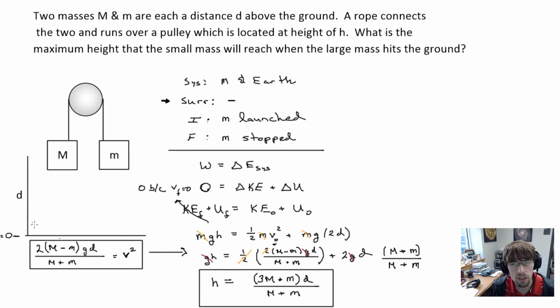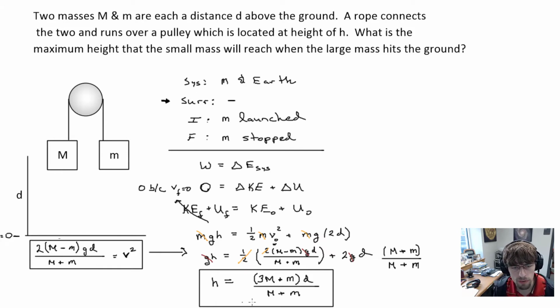And you say, why did g disappear? It's because g dictates how much gravitational potential energy you have in the first place. So it's related to the initial gravitational potential energy and the final gravitational potential energy. So that would cancel out. That would disappear at some point.